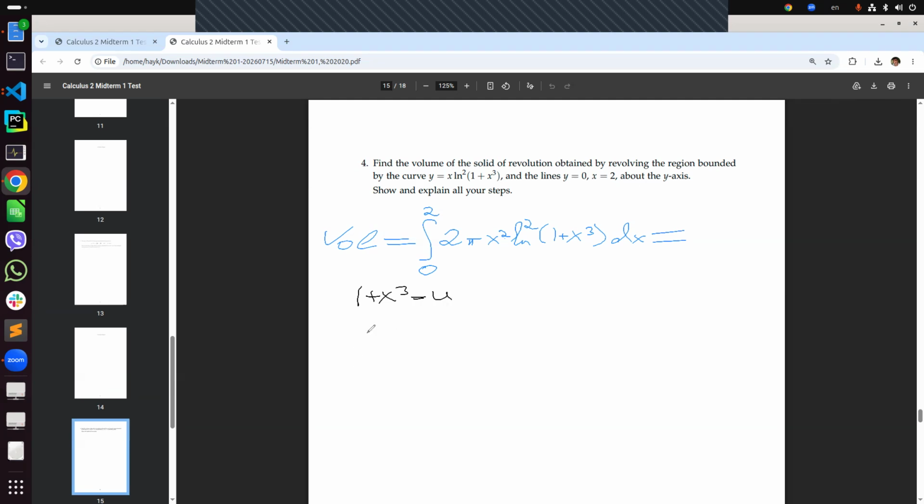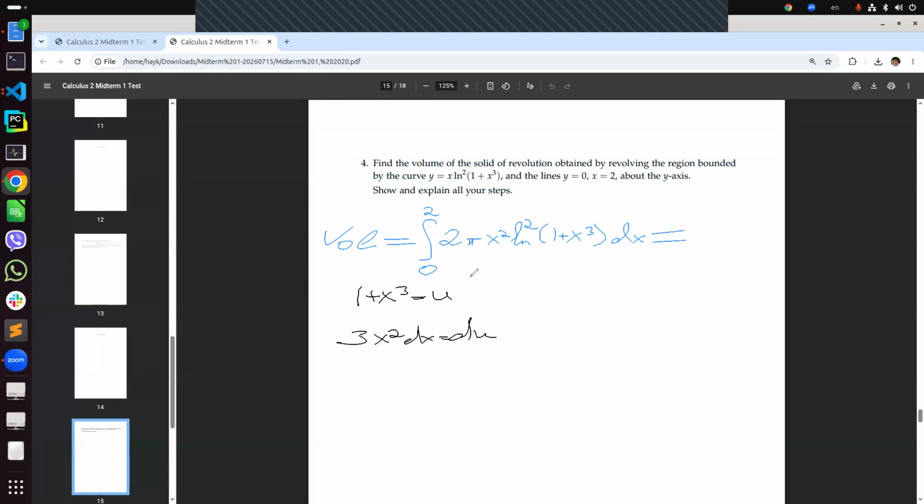So denoting 1 plus x cubed by u, the derivative of 1 plus x cubed gives 3x squared dx, which is our du. And we have x squared. We do not have 3. That's not a problem. We can multiply and divide by 3.